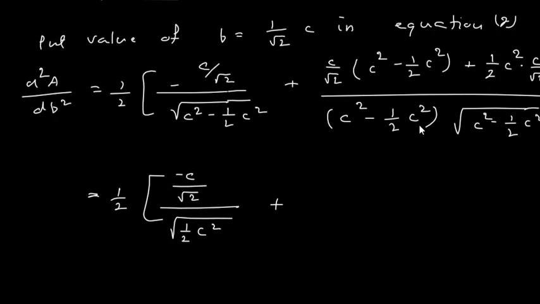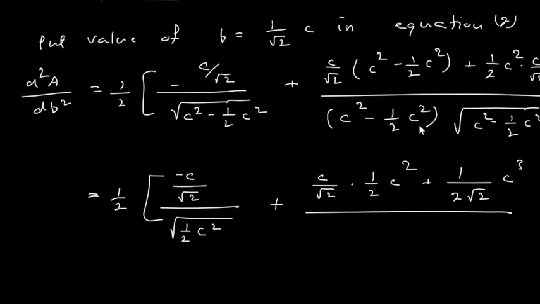Then we have plus, this is c upon root 2, and here c square minus half c square is half c square, and then we have plus, this is 1 upon 2 root 2, this is c cube, and whole divided by c square minus half c square, which is again half c square, into root of half c square.